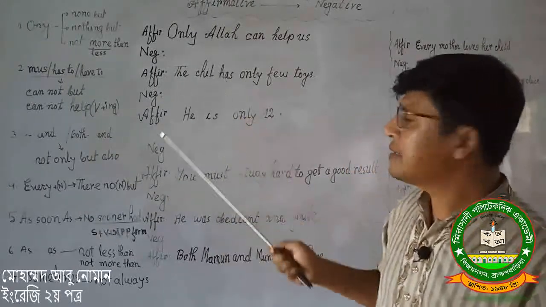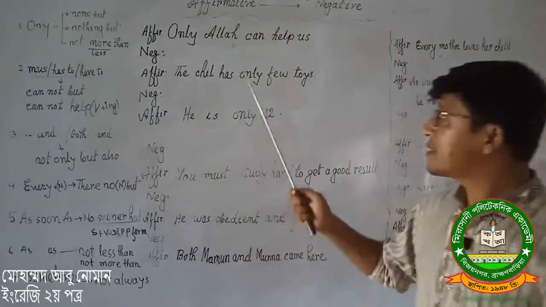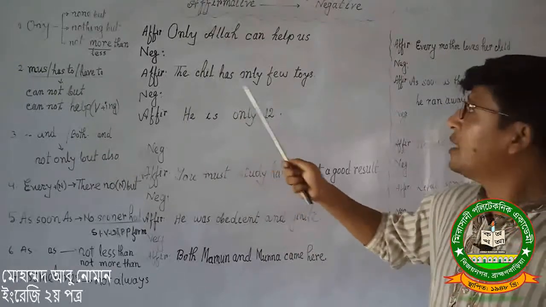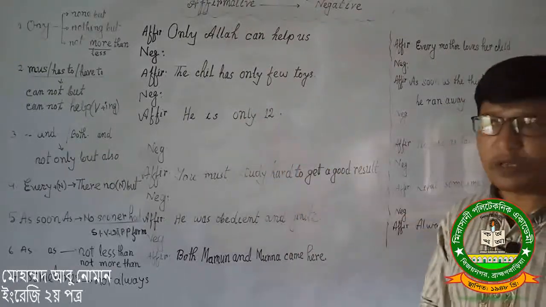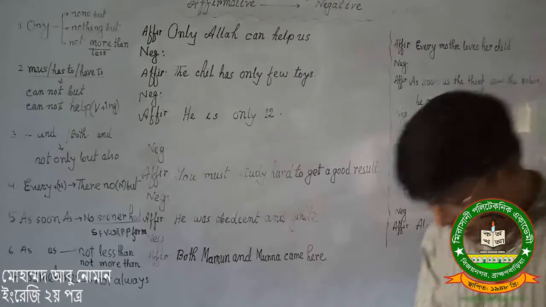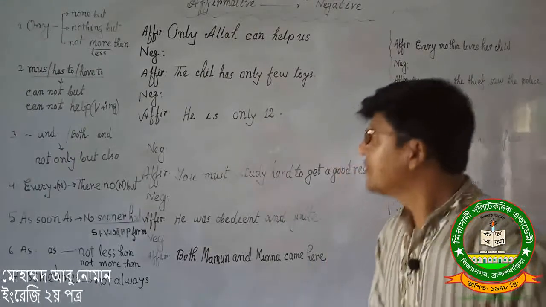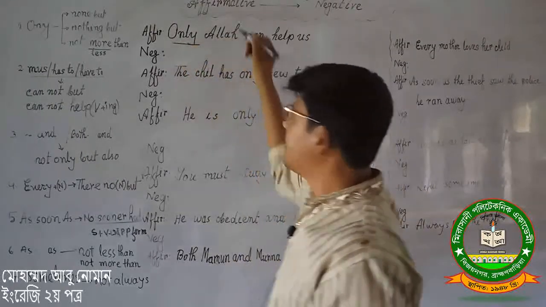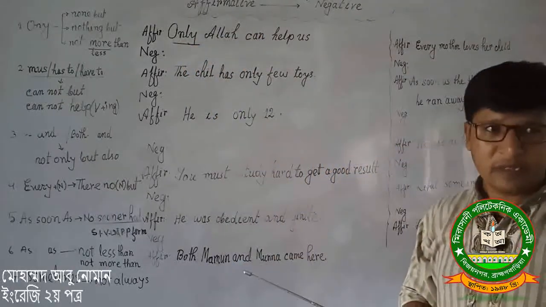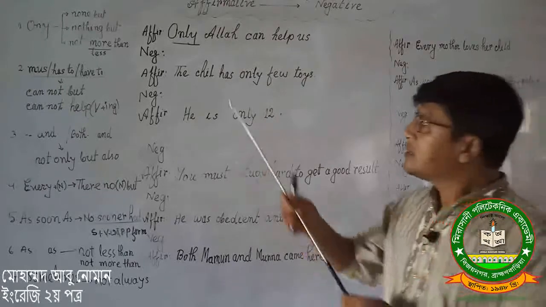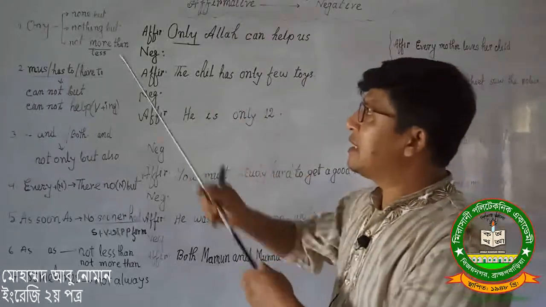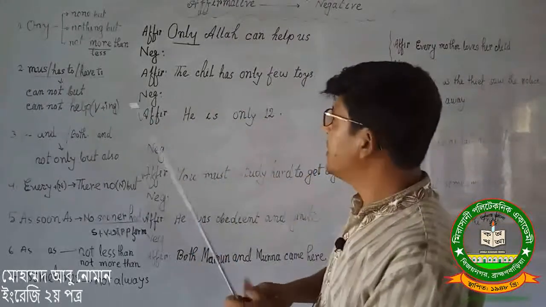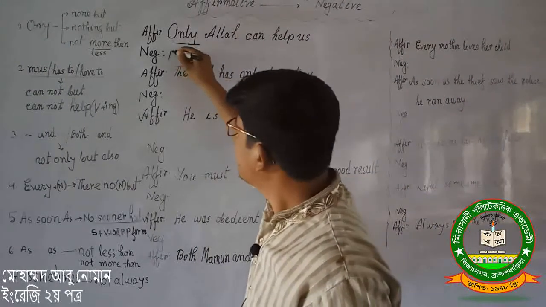Here I have written some sentences. Follow this. First sentence: Only Allah can help us. Here I have found the word only. It indicates Allah, so we will turn this word into none but.